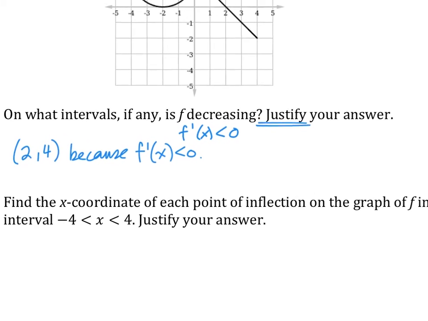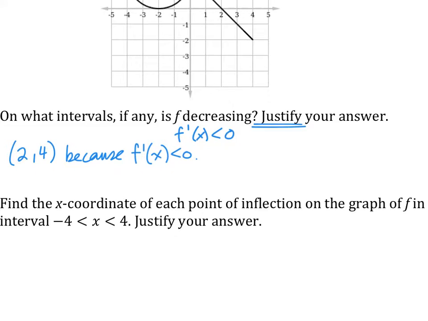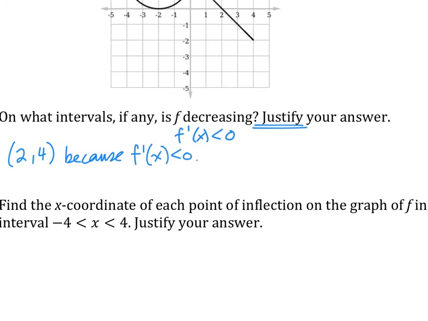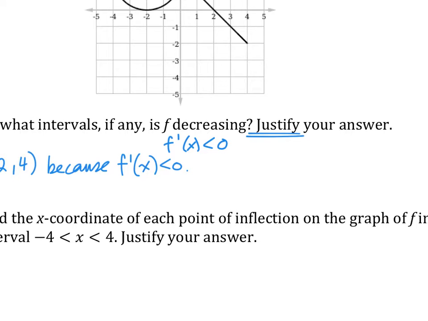Find the x-coordinate of each point of inflection on the graph of f in the open interval -4 to 4. Justify your answer. Okay, point of inflection. This is a little tricky because people always give me the wrong thing. What does point of inflection mean? First, you had to check what? Change in sign. Of what?